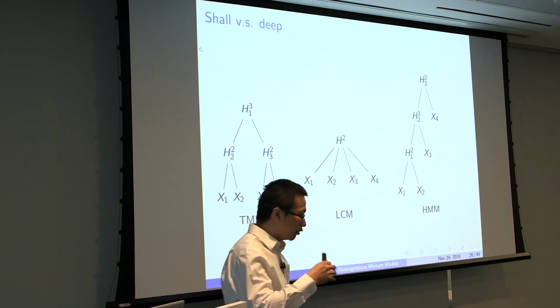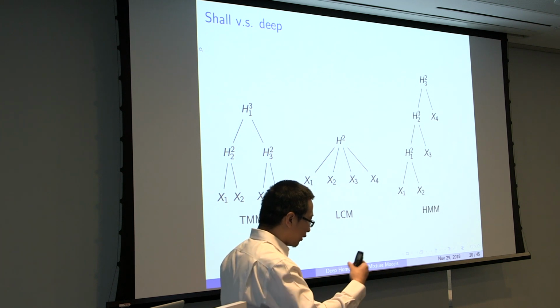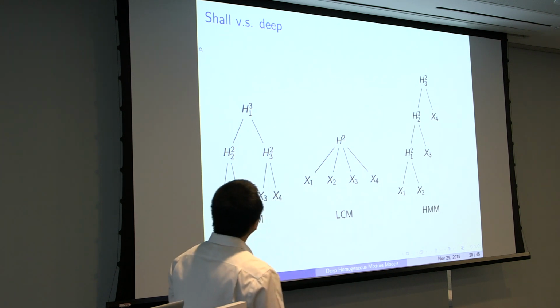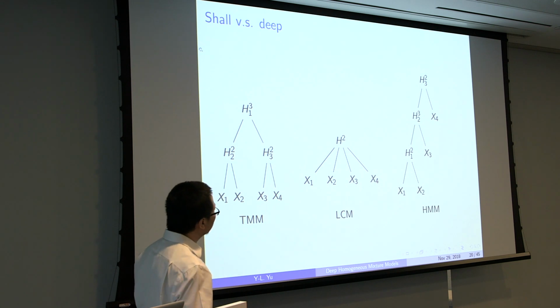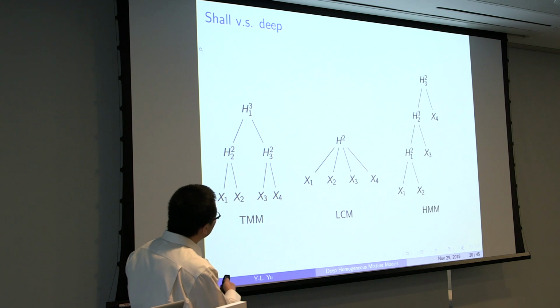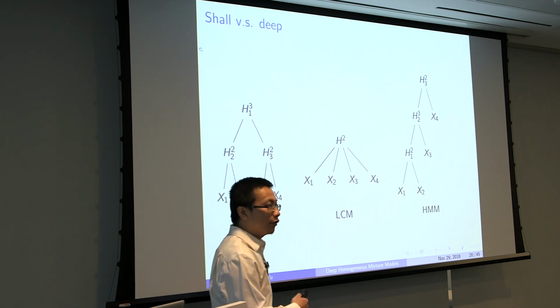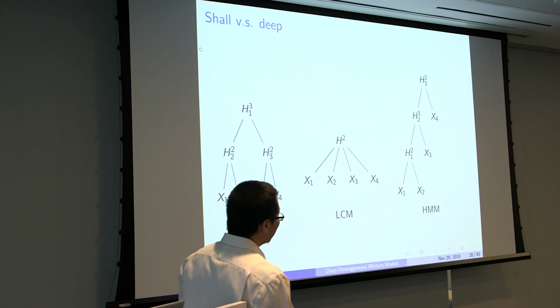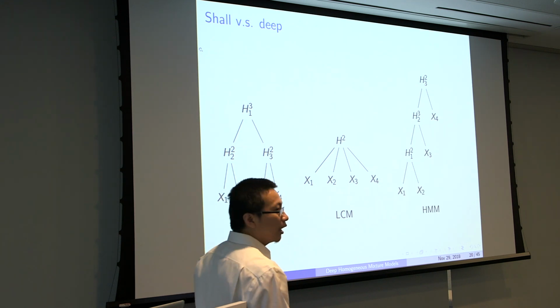So by using this unification, you can actually try to understand how powerful each of these models is. And this is an intuitive picture. What I'm showing you here are three different graphical models. This is the so-called tensor mixture model. This is a naive Bayes model. This is a hidden Markov model.